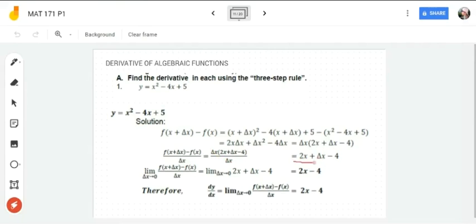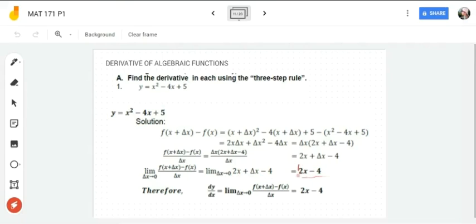Okay, so then the last step, you will be getting the limit of the function of x plus delta x minus the function of x over delta x as delta x approaches 0, so you will be substituting 0 to your delta x. So this will become 2x plus delta x minus 4. If we substitute 0 here, this will become 0. So the remaining will be 2x minus 4.